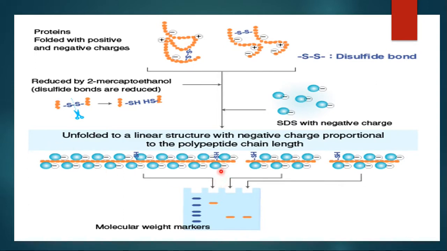Those are made into linear structures, and all are going to have the negative charge only, irrespective of size. Now there is no question of separation depending upon charges, because they all have the negative charge. They have to move only depending upon their mass. So it's very easy to separate proteins depending upon their mass, isn't it? This is how it is going to happen.